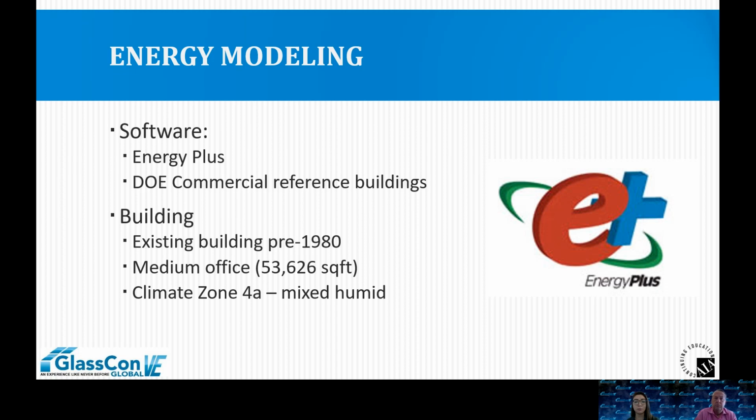The building type is a medium office, 3-story building, over 50,000 square feet. So this would fall under Local Law 97. And it's climate zone 4A, which is the climate zone New York is in. So we're just assuming this building exists somewhere in New York, and this is what the impacts would be.